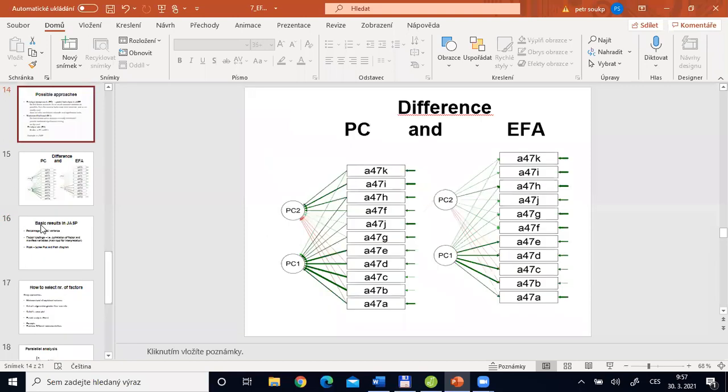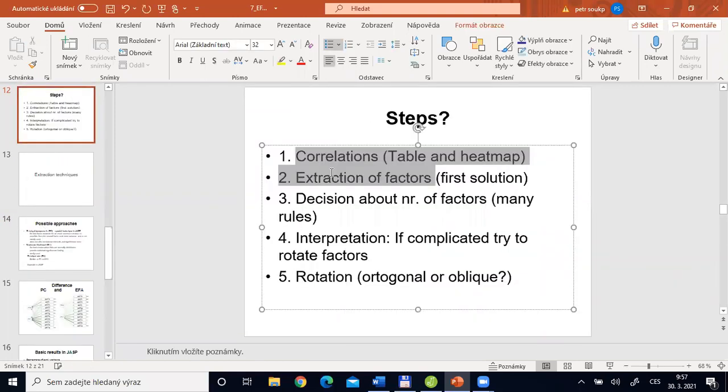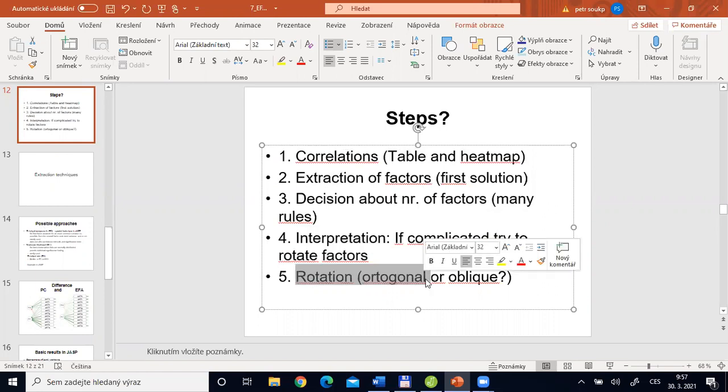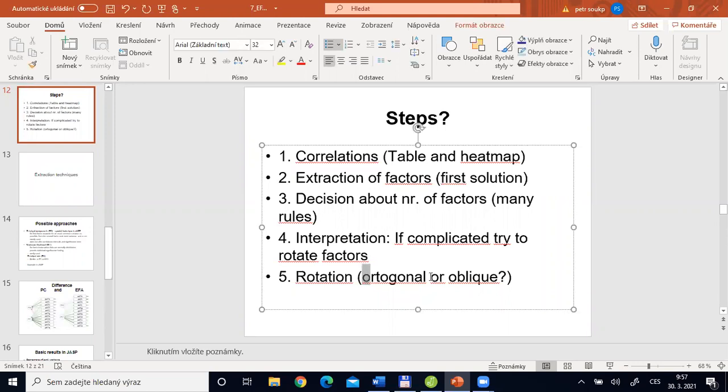So once again, if I go back to my steps, we have covered correlations, extraction, and the decision about the number of factors. Slightly, we have covered also the interpretation step, and currently we will be discussing rotation. First, it should be said that rotations could be so-called orthogonal or oblique. What does it mean technically?